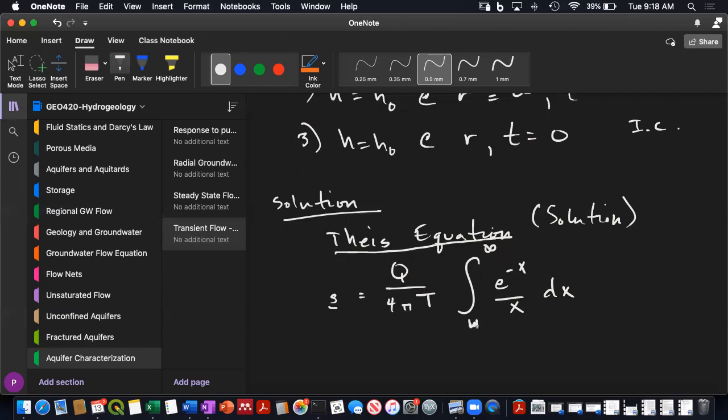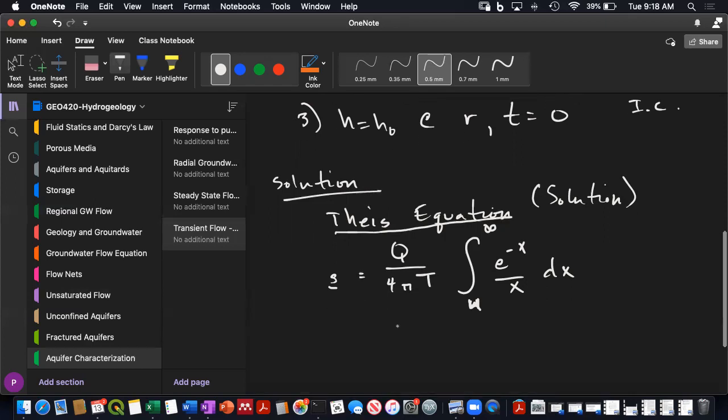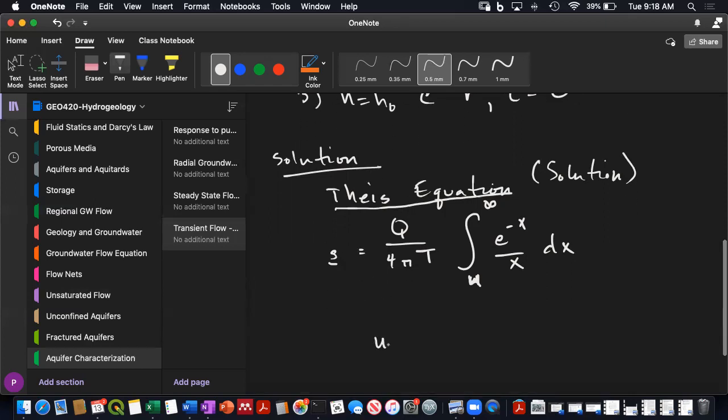This is a u, and we'll talk more about this integral here in just a sec. It goes from u to infinity. All right. Let's define a few things. Here, u is equal to r squared S over 4 times T times little t.